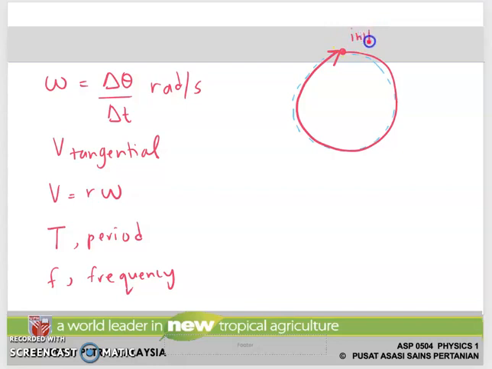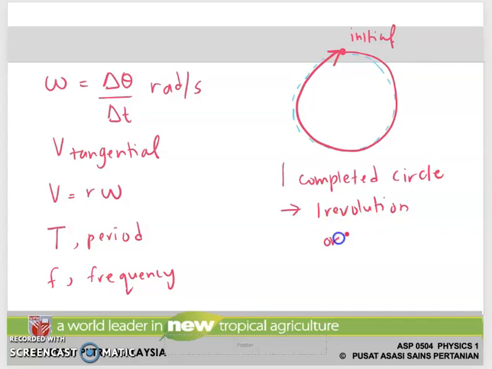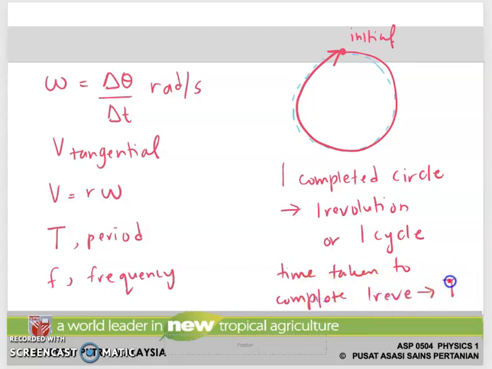So this was my initial and my final position was this again. So I completed one circle. This one complete circle is called one revolution or one cycle. And the time taken to complete one revolution is known as T, period.